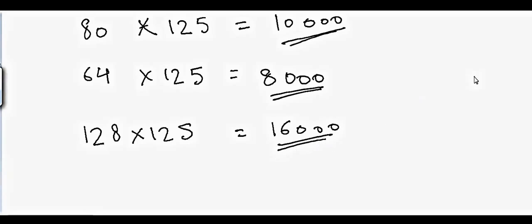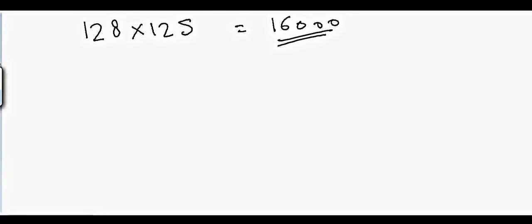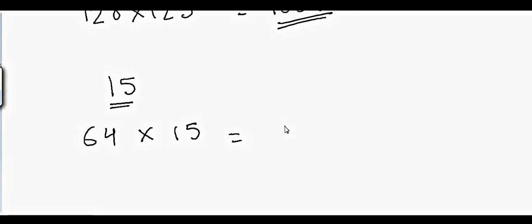Now let's go to multiplication by 15. In case of 15, this is a little different. Suppose we have 64 and want to multiply it by 15. In this case, I will take 64 and then add 64 divided by 2 to it, and then multiply by 10.